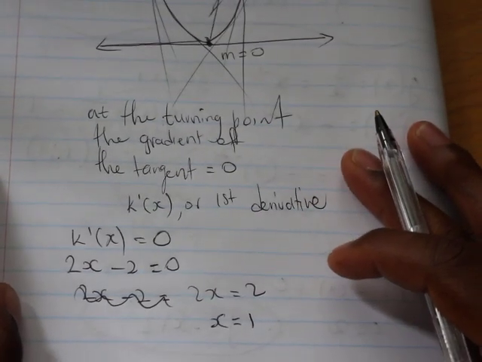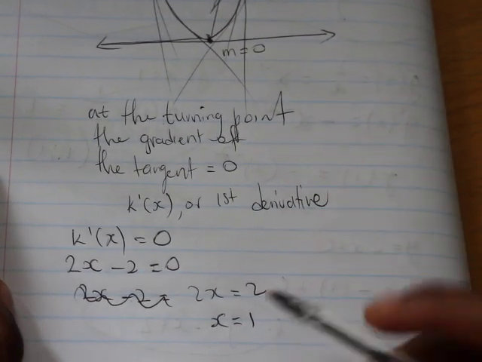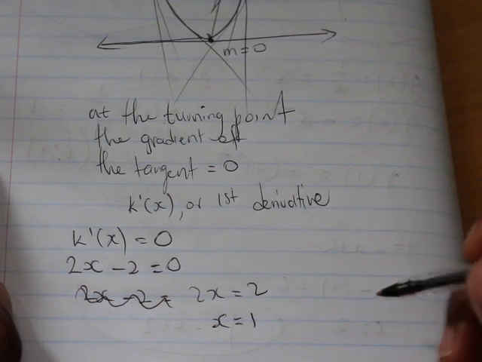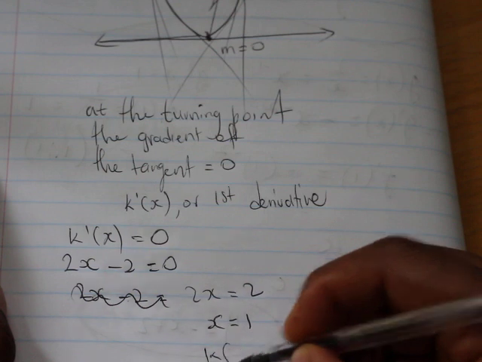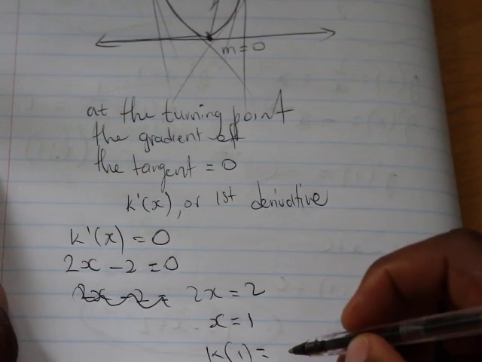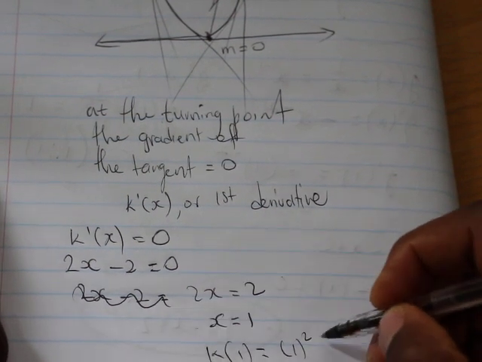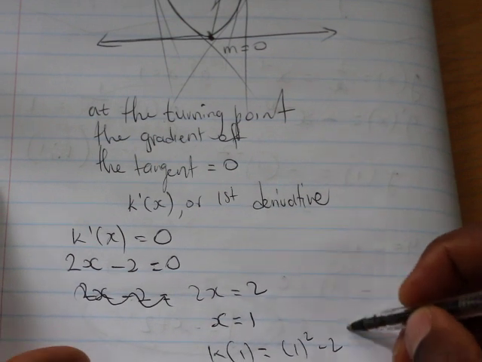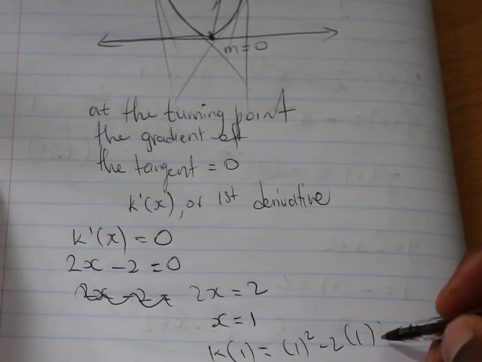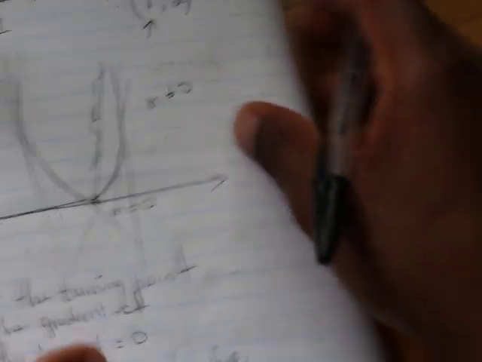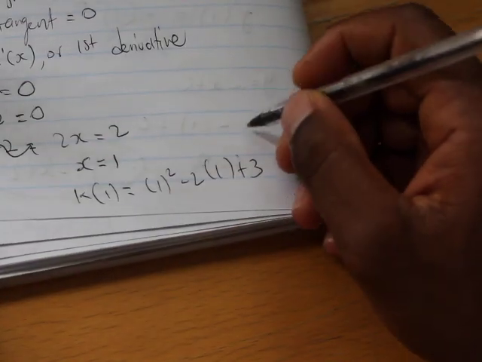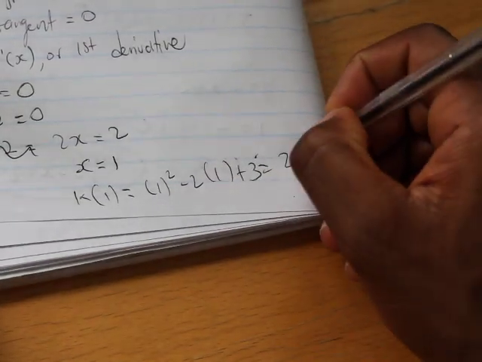So after getting that value, we can then substitute it into the original function, which is k of x. So k of 1 is equal to 1 squared minus 2 times 1 plus 3. Remember what we got when we were substituting k of 1? We got 2.